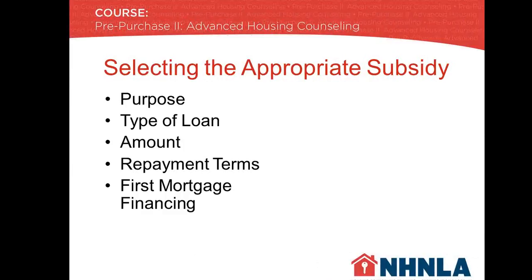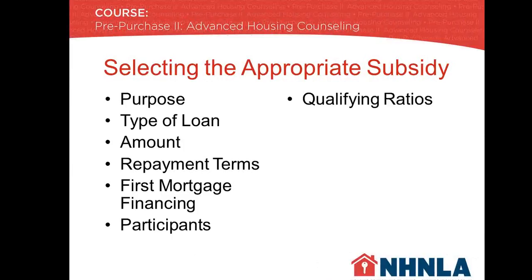and whether there are any first mortgage financing restrictions, and also check on the eligibility requirements of the subsidy participants. As you've learned about ratios, you have to also check on the requirements certain subsidy funds require in terms of ratios and also in terms of inspections.